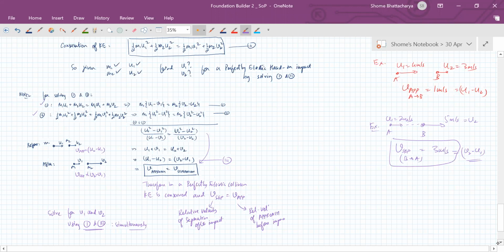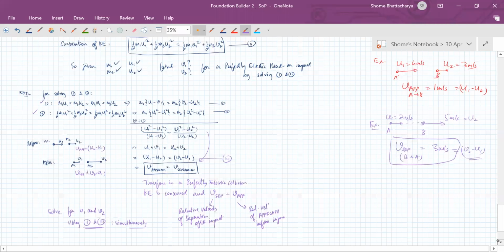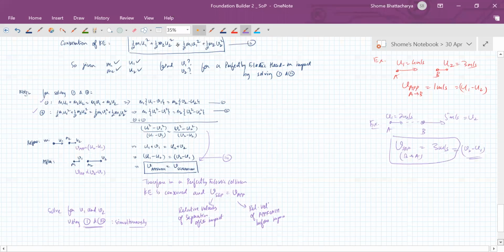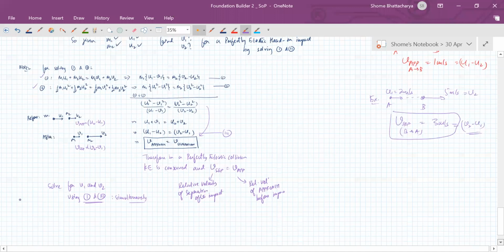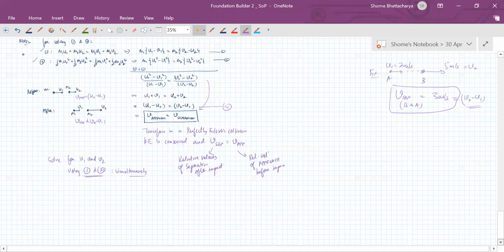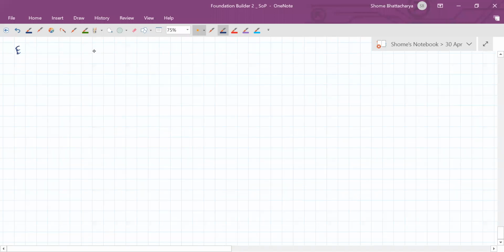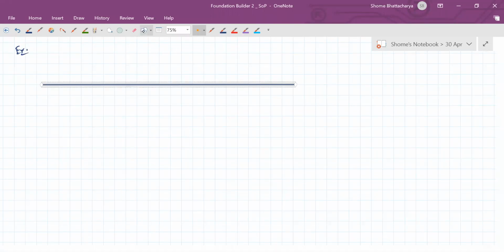Okay, so clear? Yes, sir. Okay, now let's see how we can apply this in actual numerical problems. So for example, we have this situation now. Let's take the simplest possible case that one of the two objects is in fact at rest. So the second one is not even moving, it is at rest.